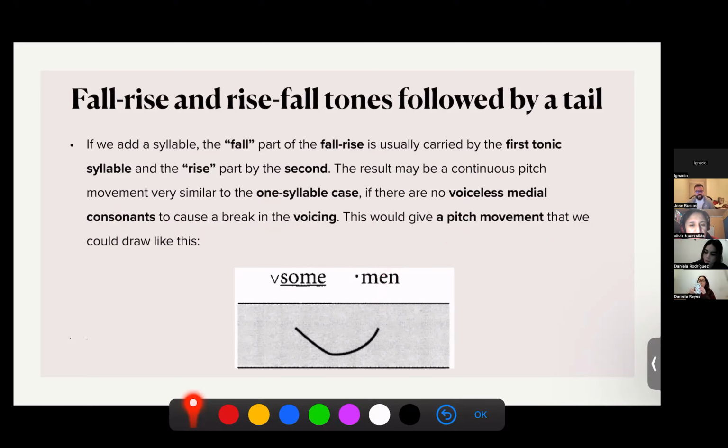The sound m, is that voiced or voiceless?